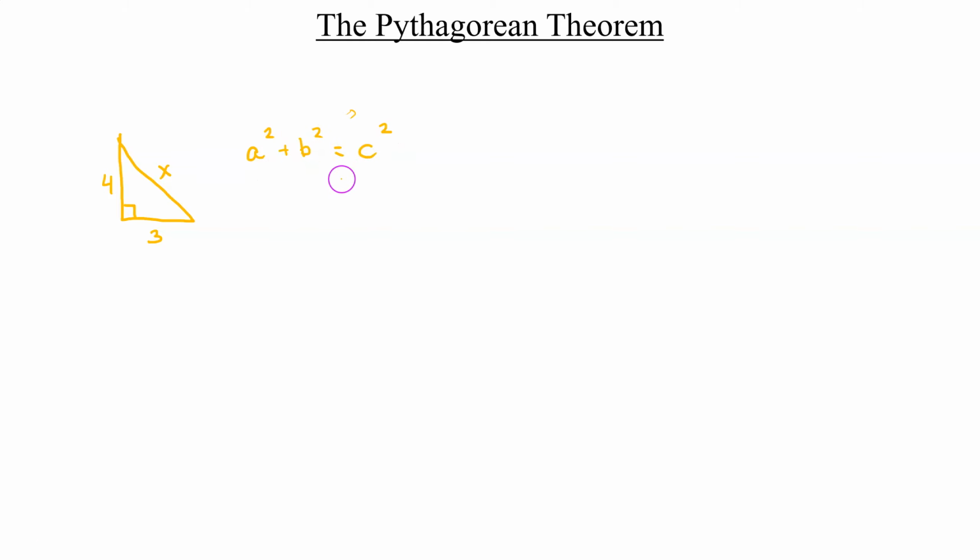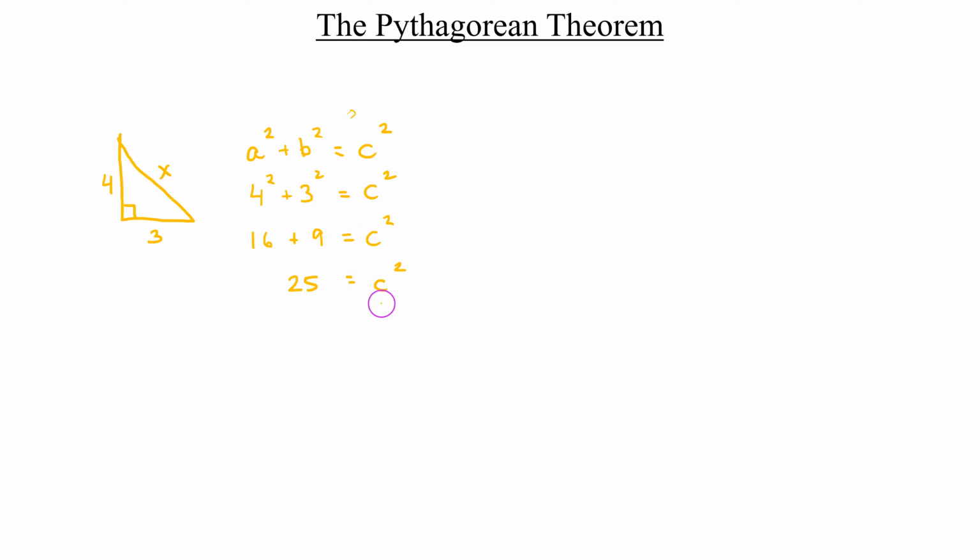These are the legs, this is the hypotenuse. A squared would be 4 squared, b squared would be 3 squared, and then c squared, we don't know, we're trying to solve that. 4 squared is 16, 3 squared is 9, c squared we can't simplify anymore. 16 plus 9 is 25 equals c squared.